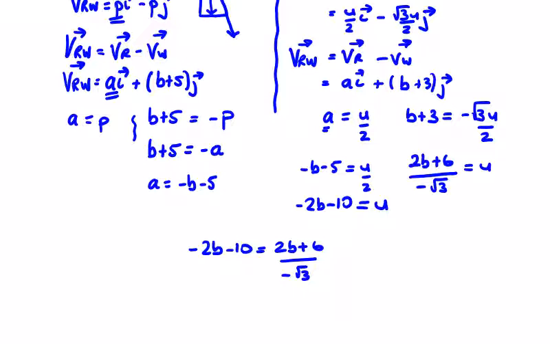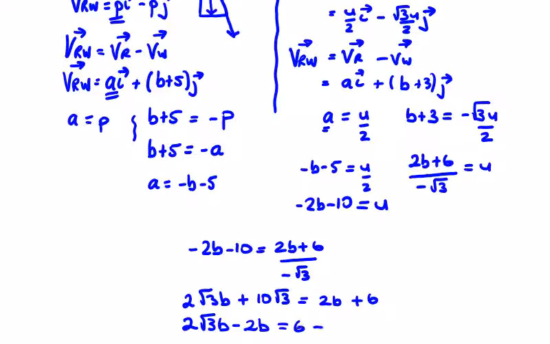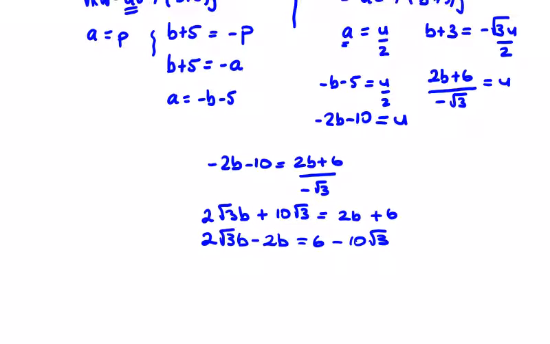If I multiply by minus root 3, I'm going to get 2 root 3 b plus 10 root 3 equals 2b plus 6. So I am going to get 2 root 3 b minus 2b is equal to 6 minus 10 root 3. Might decimalize these.